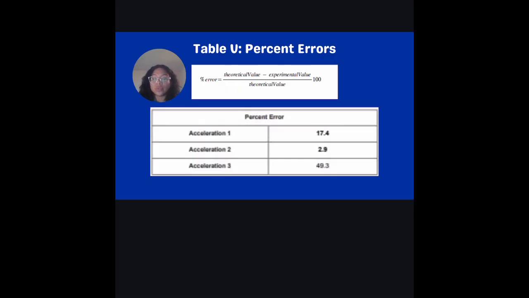Second acceleration was using the positions again, but more specifically, positions 1 and 3 to find our specific acceleration number 2. And then acceleration 3, our final acceleration, was one that was given to us by finding the mean from the graph that was made by the computer for the acceleration.